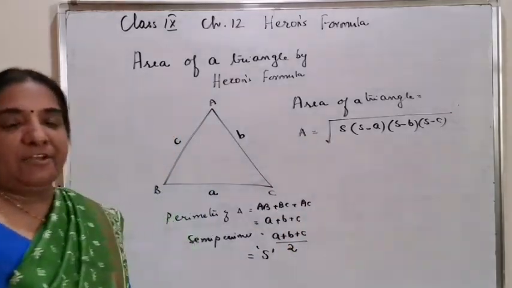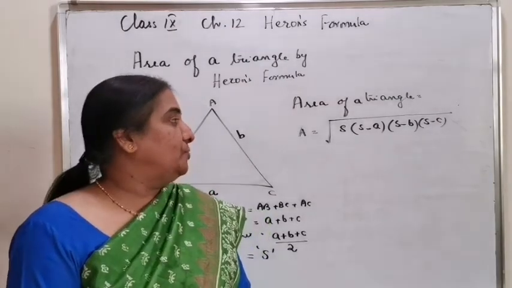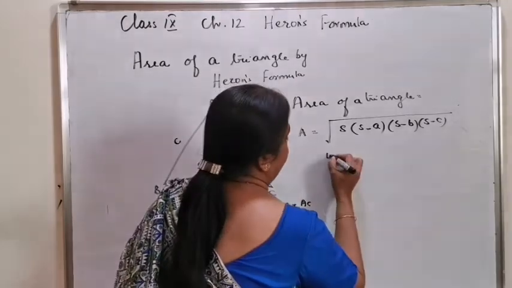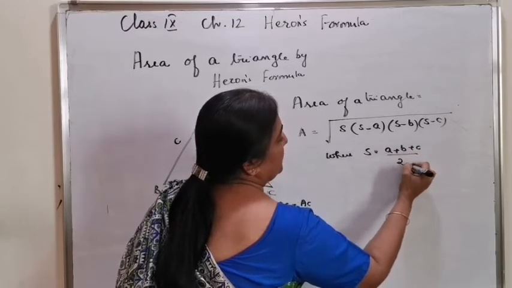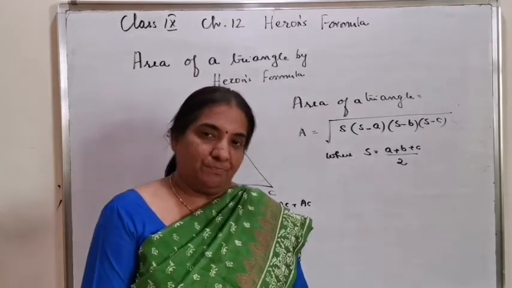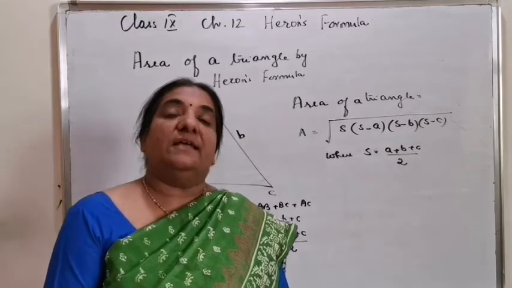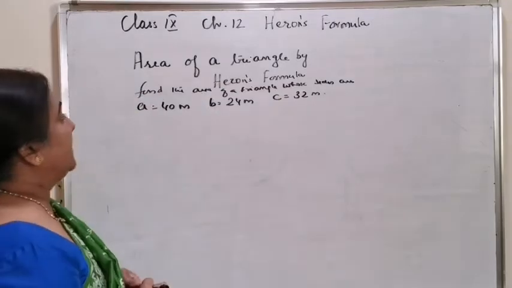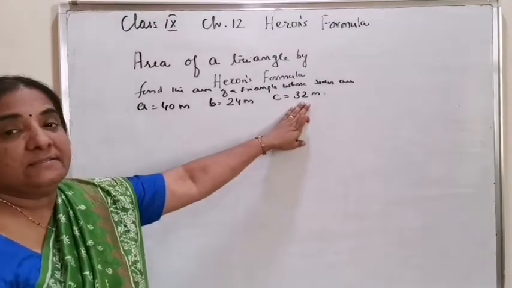That is, area A is equal to the square root of S(S minus a)(S minus b)(S minus c), where S is (a plus b plus c) divided by 2. This formula is used to find the area of any triangle if the sides are given. As an example, find the area of a triangle whose sides are 40 meter, 24 meter and 32 meter.